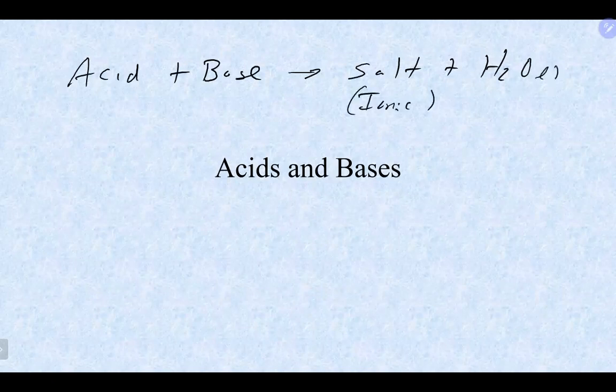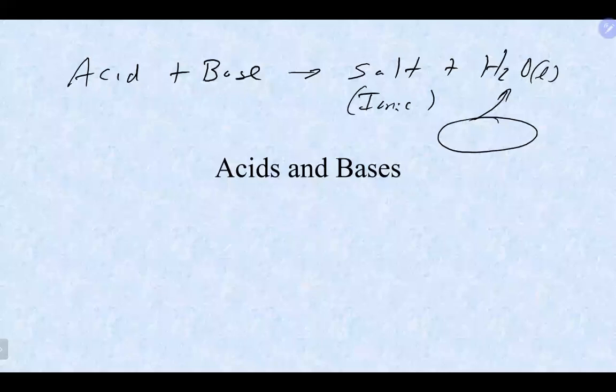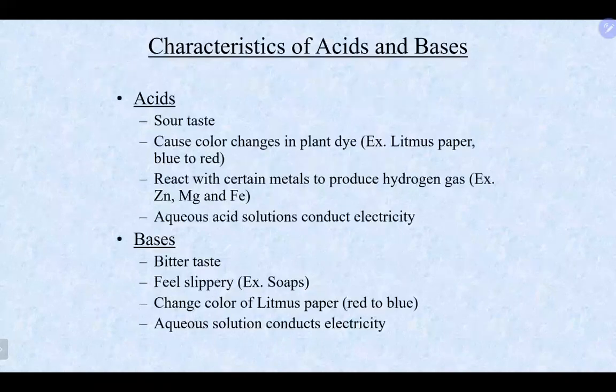Water being formed is one of the reasons why a reaction takes place. Unlike a precipitation reaction where you can visually see the solid being made, in this type of reaction you may not be able to see the water being made, but the fact that it is being made is a reason why the reaction is taking place.